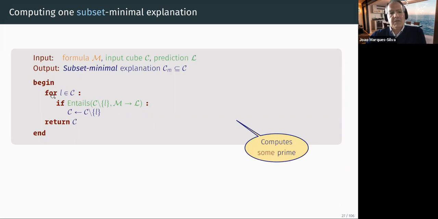Notice that this runs in polynomial time on the number of features. Of course, the entailment check could be very hard. Usually it will be NP-hard, but it can be done. And for those of you familiar with the advances in SAT and SMT solvers, MILP and CP, you know that in many settings this can be computed efficiently.